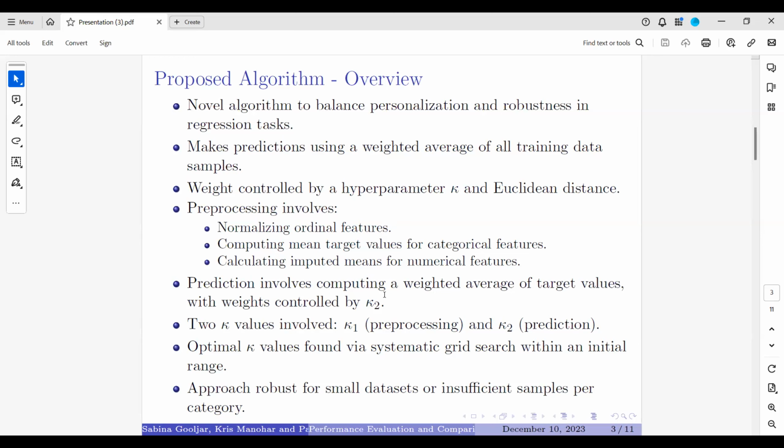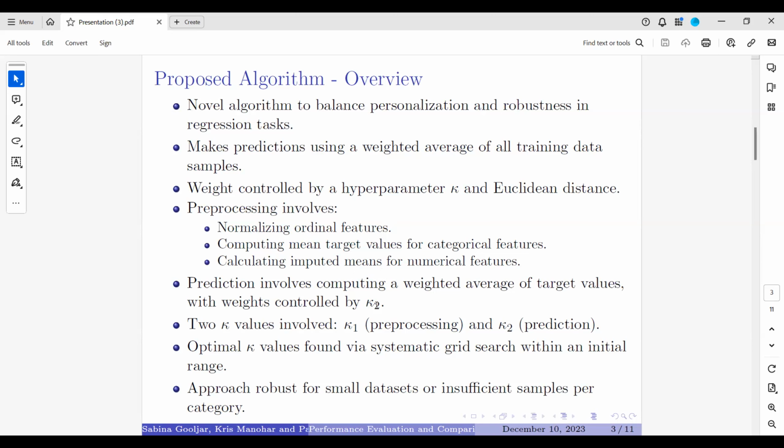This algorithm was done in 2 parts. First, pre-processing, where we normalized the ordinal features and computed the mean target values for the categorical features. For numerical features, we imputed the means.